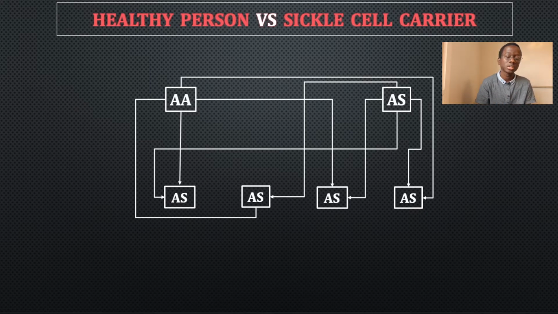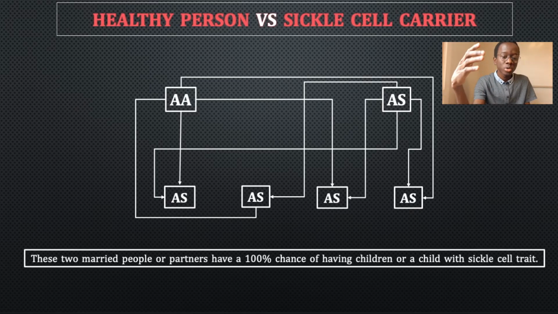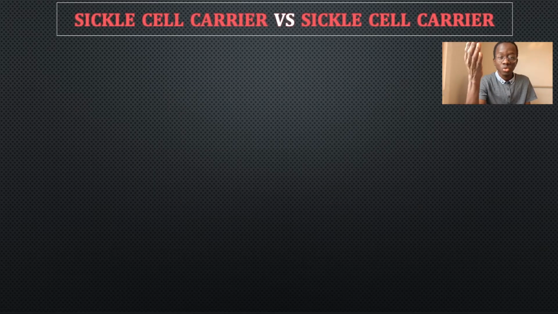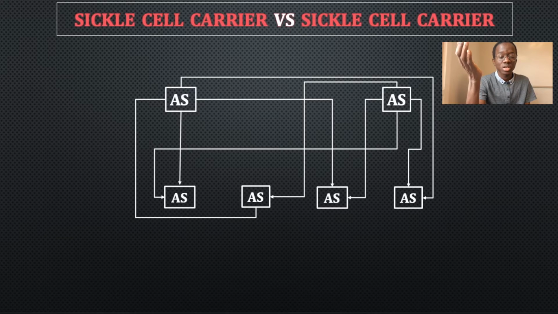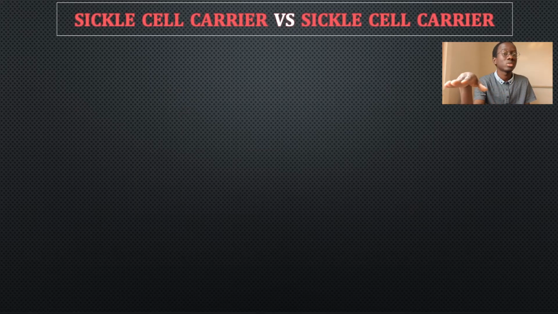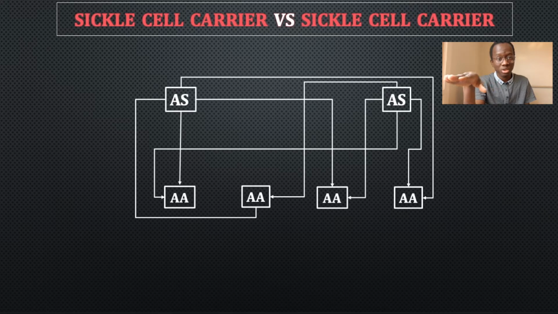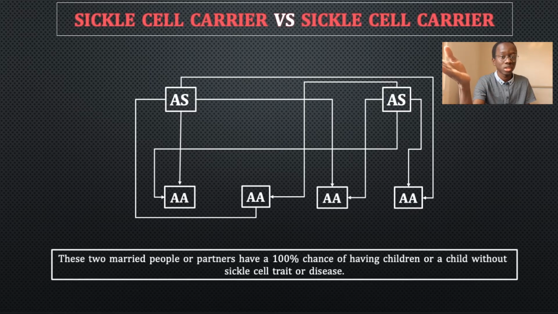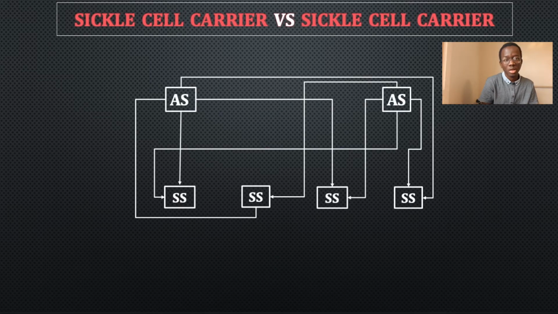So I was thinking that some people who are sickle cell carriers, for instance, can end up having all carriers, or they can end up having all children who don't have the disease and don't carry the gene of the disease, which is a good thing. And there is another probability of all their children having the disease, even though they are AS and AS.